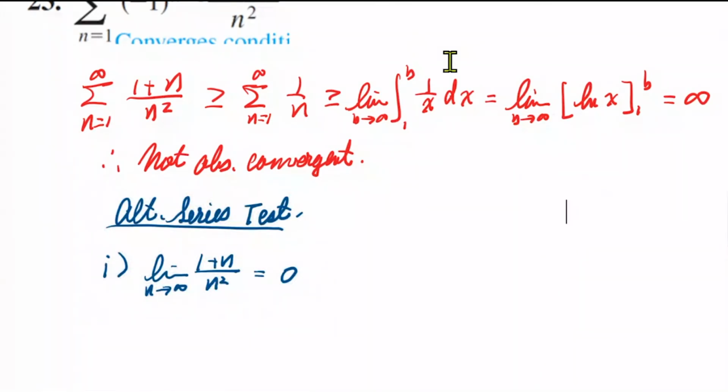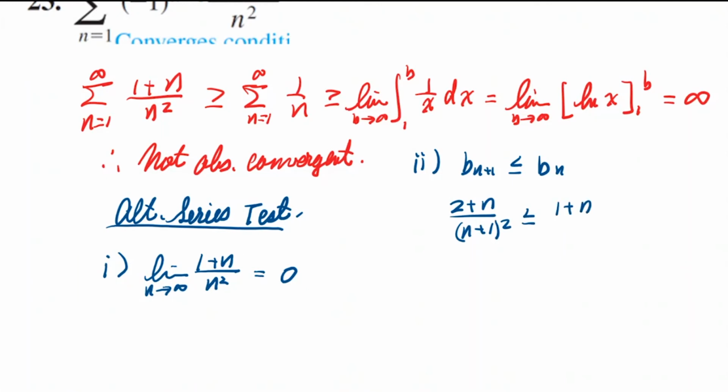There, so I can use this space. Number 2, now b n plus 1 has to be less than or equal to b n. That means here (2 plus n) over (n plus 1) quantity squared needs to be less than or equal to (1 plus n) over n squared, eh? And then not to forget the if and only if sign.